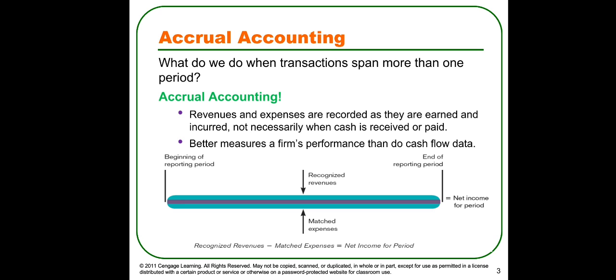What is accrual based accounting? Accrual based accounting is you record revenue and expenses when they happen, when the transaction happens, or when they are earned, not when you receive cash or you pay cash.